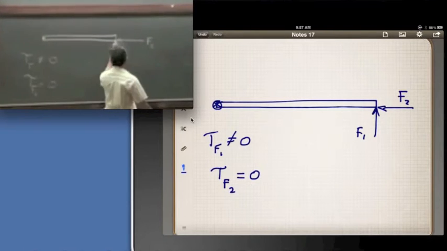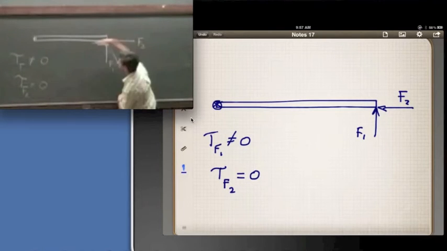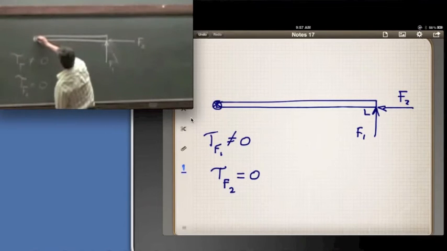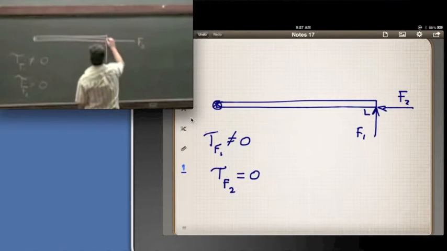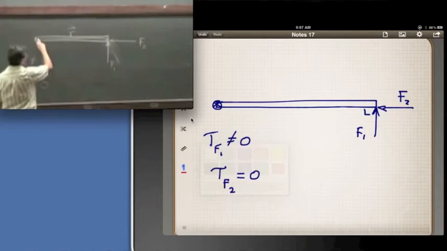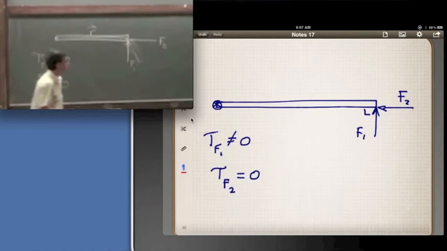And the only difference is that this one is acting perpendicular to the door, and this one is parallel to the door, right? So if you talk about the angle that the vector r, so we're going to talk about the vector r as being the vector that goes from the axis of rotation to the point where you apply the force.